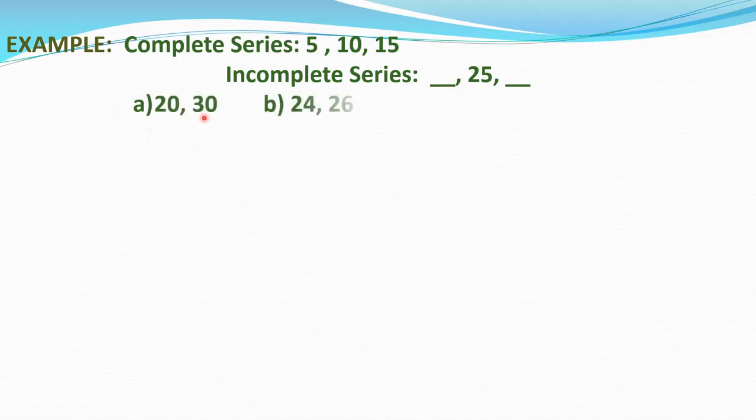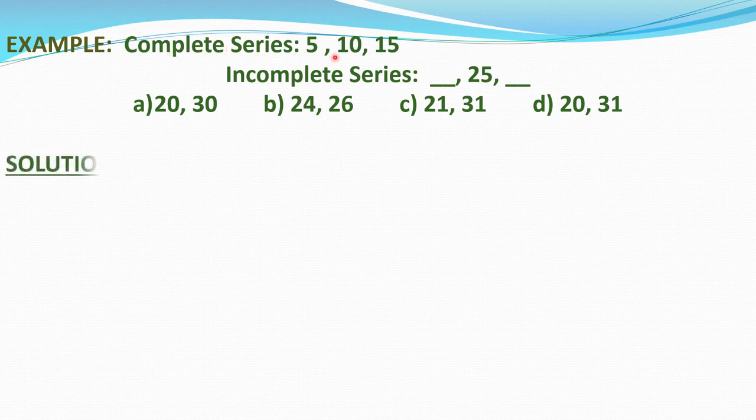A 20 and 30, B 24 and 26, C 21 and 31, and D 20 and 31. So now beta, we have to find out which numbers will come in these dashes, and we have to complete this incomplete series. So let's see the solution of this.